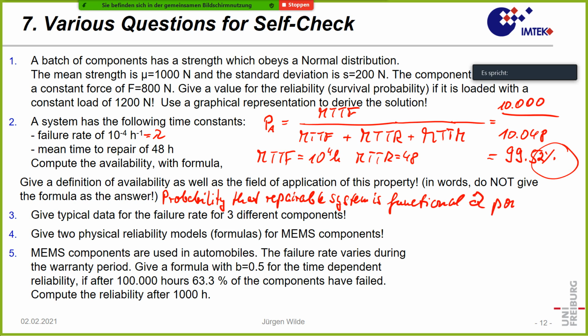Okay. Normally, when we look at complex systems, not only availability is treated, but then we also give performance factors, which is not part of this lecture, but which is also important.